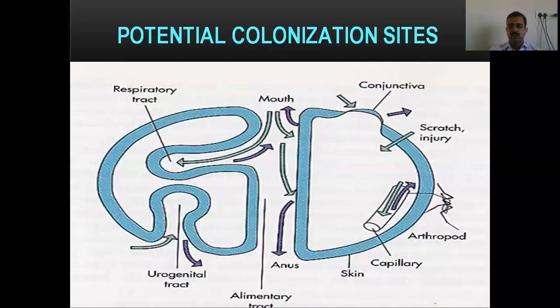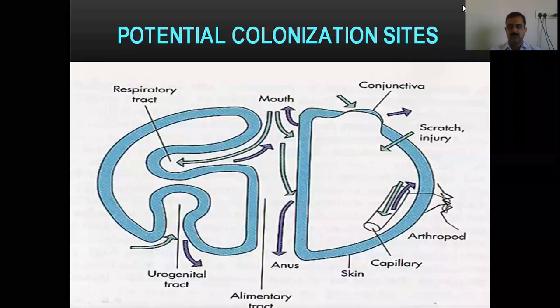Now, where can we find the normal flora? This is one of the important points. The normal flora may be in the mouth, conjunctiva, that is the eye, scratches or injuries, arthropod or insect bites inside the capillary, skin, anus, alimentary canal, urinogenital tract, and respiratory tract.